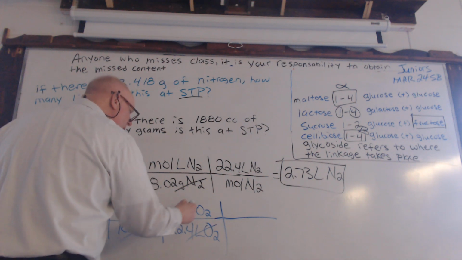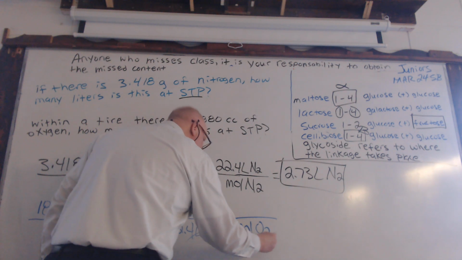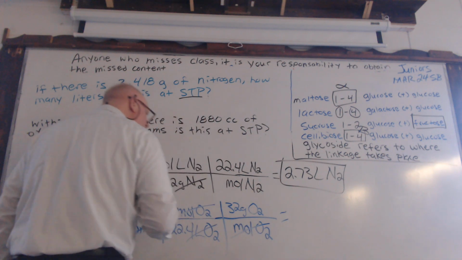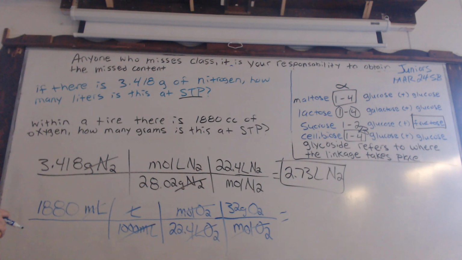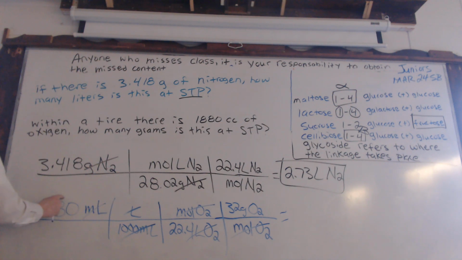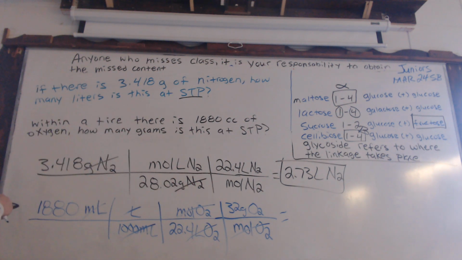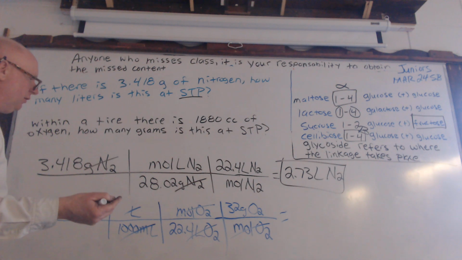We are in moles now, so let's get rid of this mole of O2 and then say we get 32 grams of oxygen gas. So now those have canceled. So we multiply by everything across the top, but rather than, you could say 22,400. If you want to leave it like this, you could say 1.88 times 32 divided by 22.4, or you can take 1880 times 32 and then divide by 22,400.